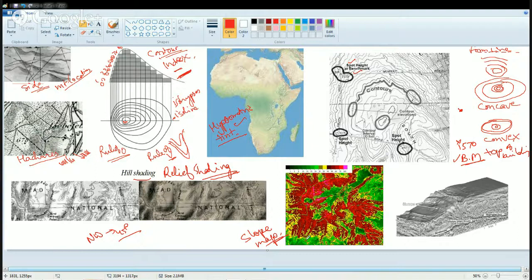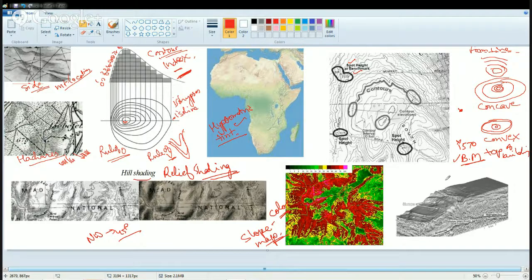So slope maps are basically made by explaining the slope of the various locations, and the important thing here is the color gradient. Again, similar to hypsometric tint, but in hypsometric you are not only focusing on slope, you are focusing on overall features of the region. So that is what a slope map is.